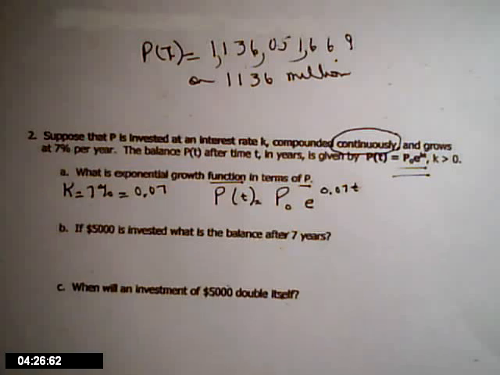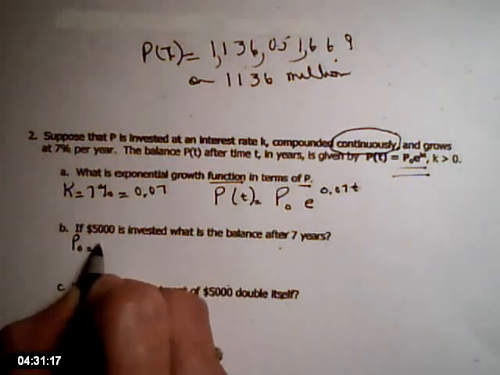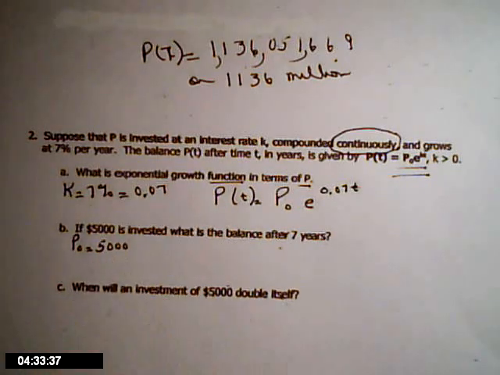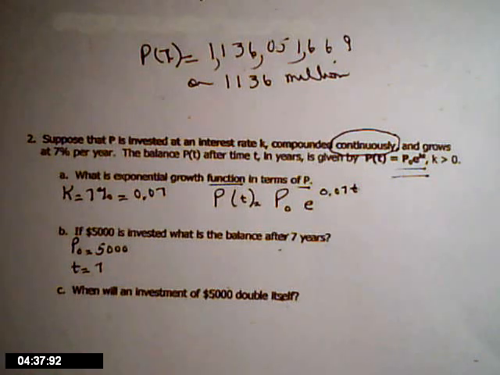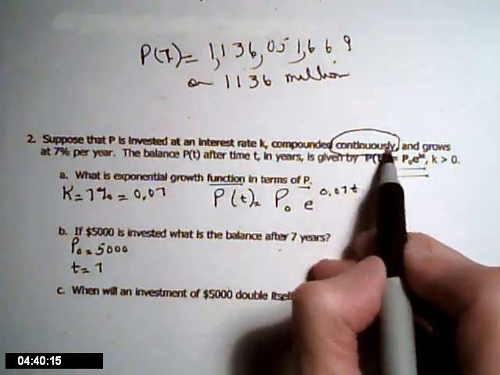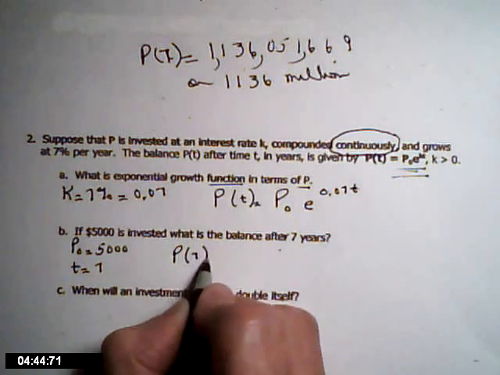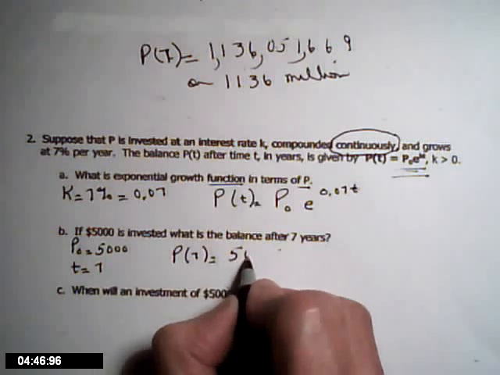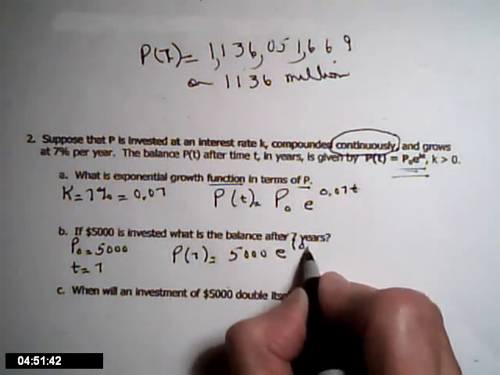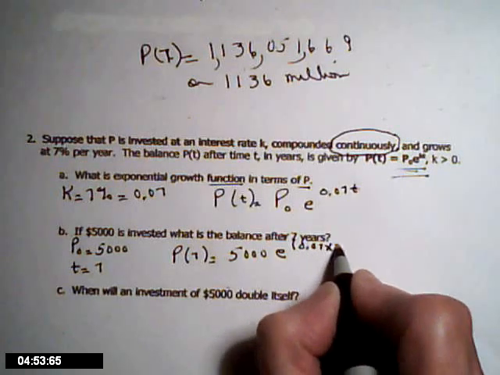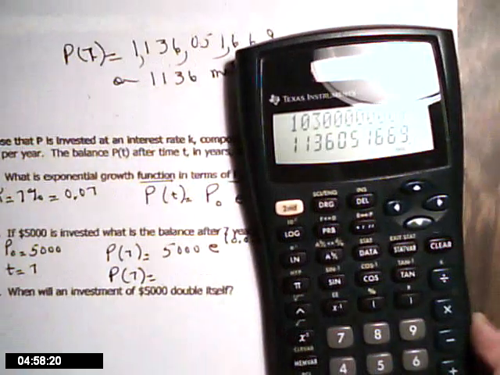Now they give you some more. They say we want to invest $5,000. So that'll be P of 0. That's what you're going to walk into the bank and invest. And t is going to be 7. We're going to leave this money 7 years. The word continuous is what's always going to throw you into this formula. So P at the end of 7 years will be my $5,000 times e to the 0.07 times 7. I would have to have a calculator for this, and you know that.